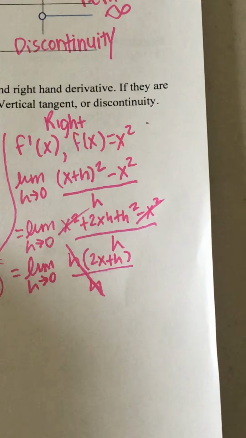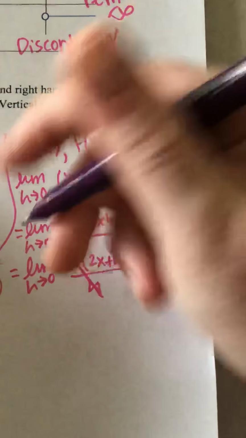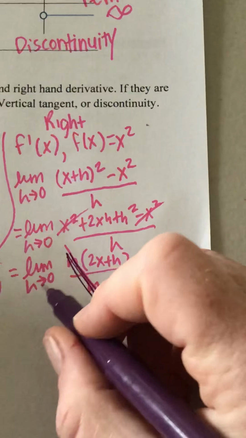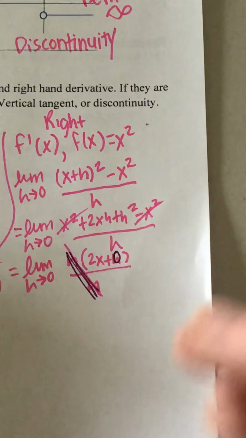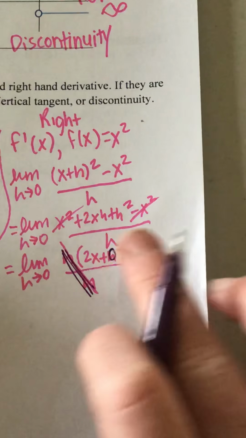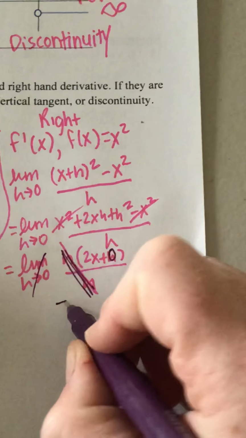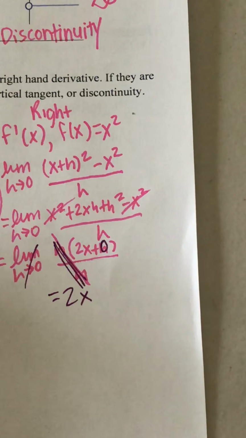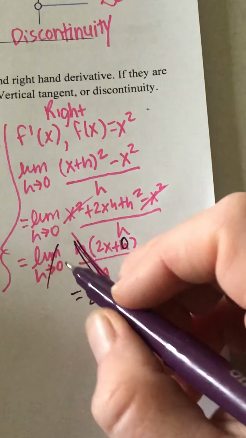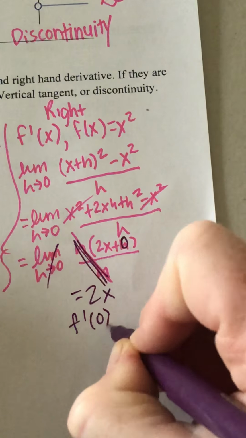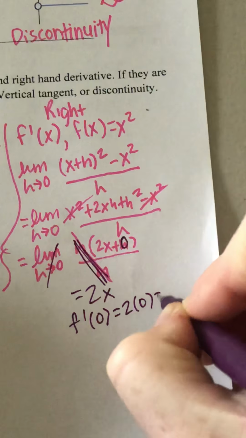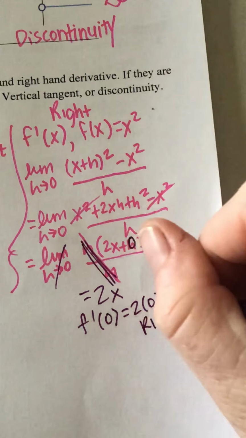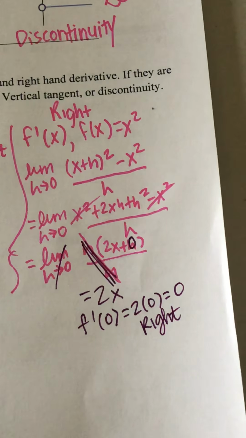Now we can take the limit. Since we're not dividing by 0, I'm going to take the limit in one step also. Cancel the h's and plug in 0 for the limit. That would be 2x. If we're actually taking f prime at 0, that would be 2 times 0, which is 0. That's your right side of this piecewise function.